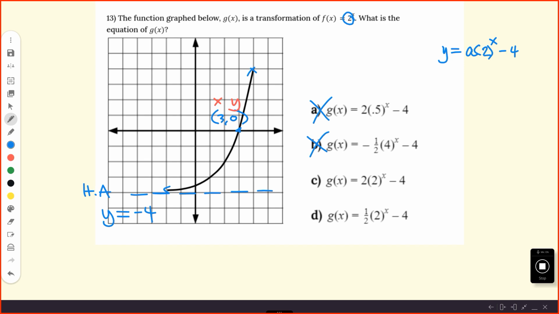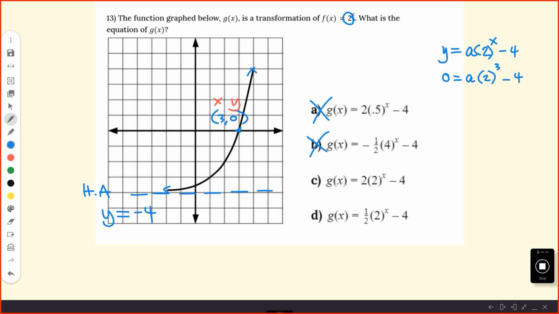We're going to put 0 for y, equals a, then 2 to the power of 3, because we're plugging the x and y values into the equation, and then minus 4. So it's not always 1 for the x. It depends on the graph.